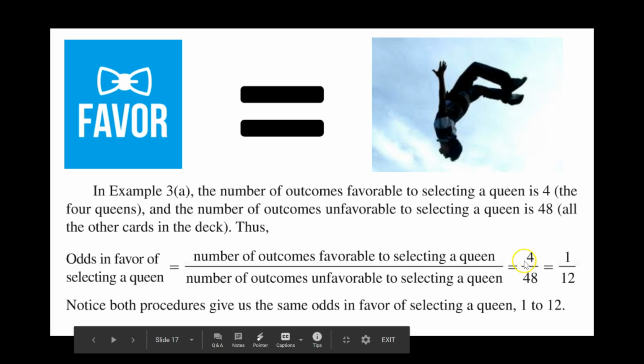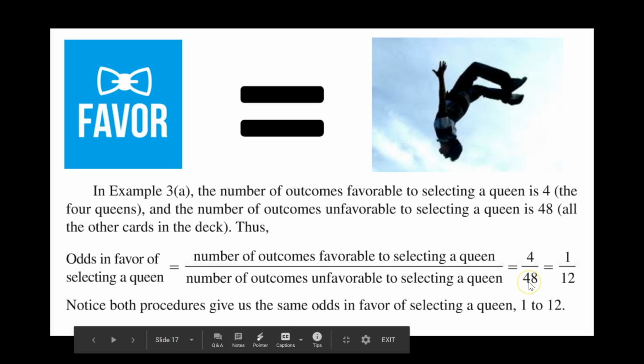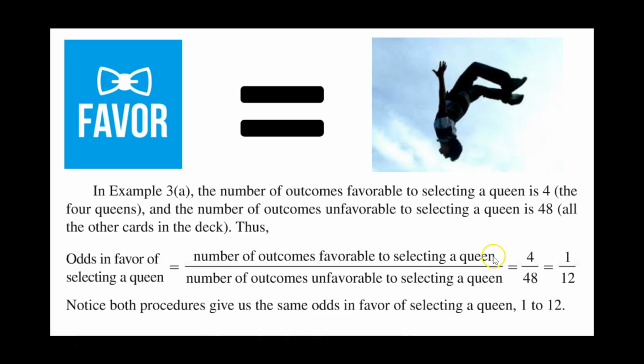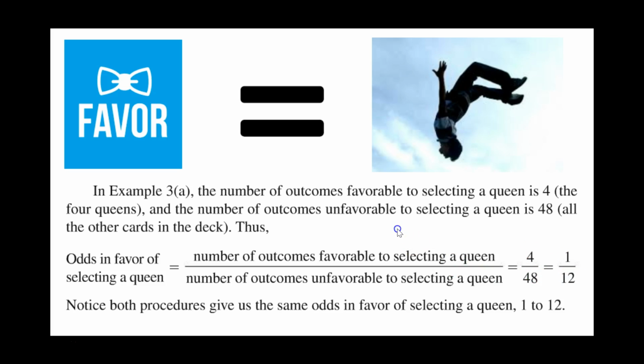So the odds of us selecting a queen is 4. The odds of us not selecting a queen is 48. See how the total really doesn't need to be in this section when we're talking about odds against and odds in favor. So for favor, the success goes on top this time, and the failure goes on the bottom. We reduce it down to 1/12.